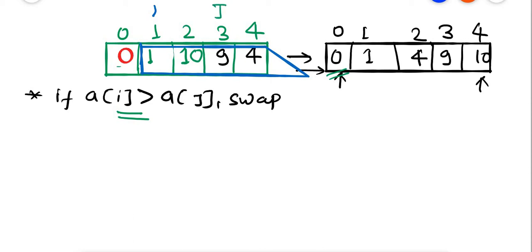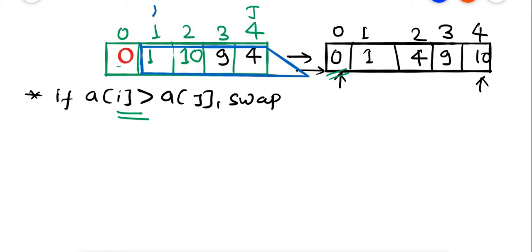Now compare element 1 with 9. Now 1 is less than 9, so it need not be swapped. Again increment the index j. Now compare 1 with 4. Since 1 is less than 4, it need not be swapped.